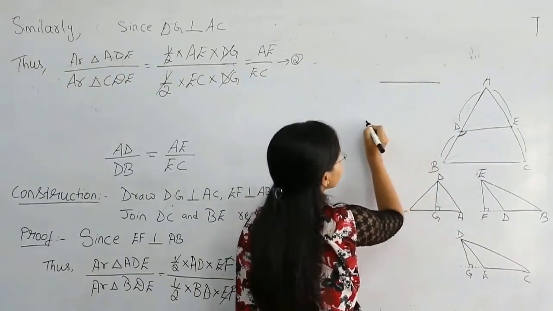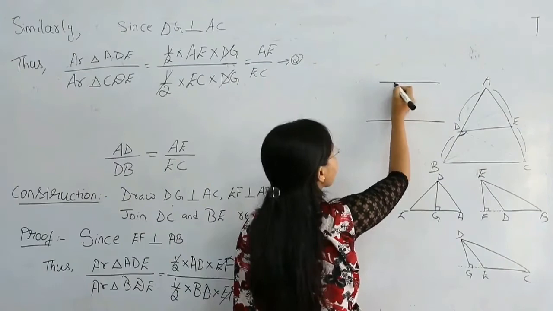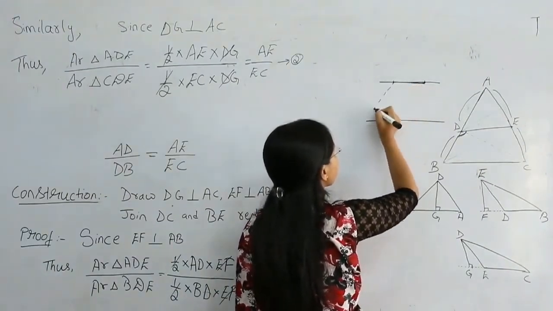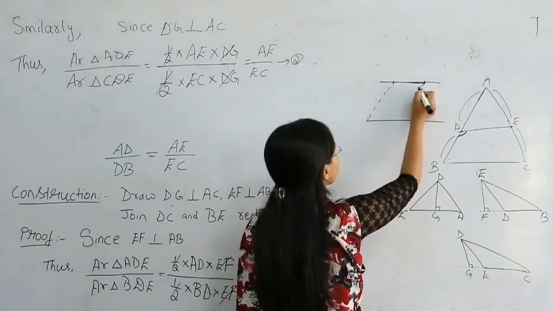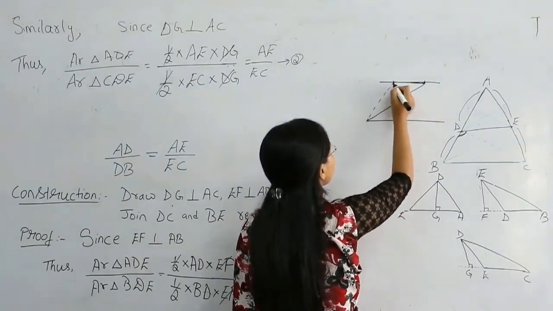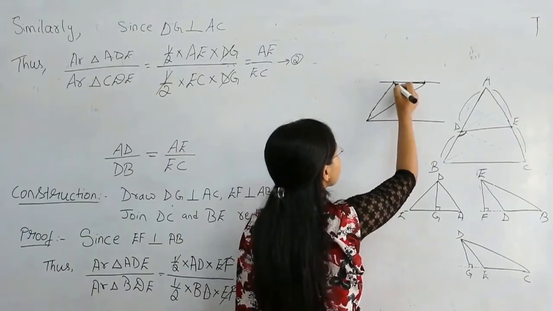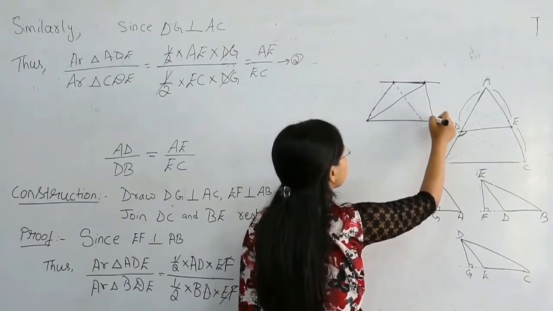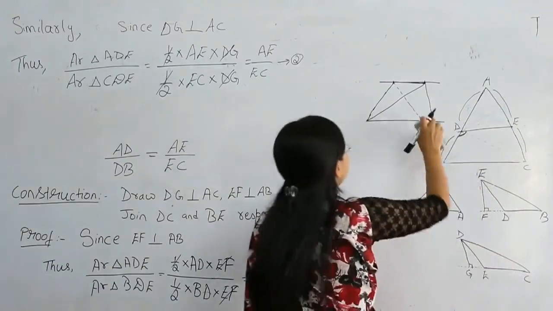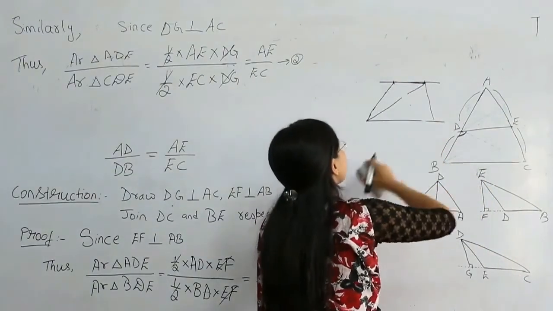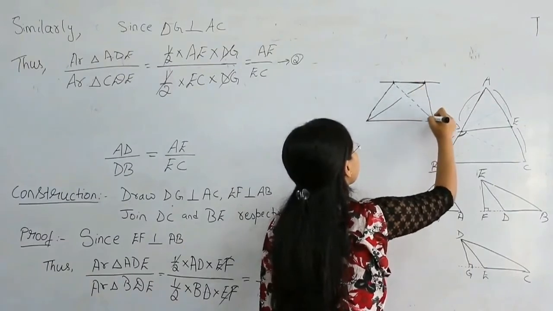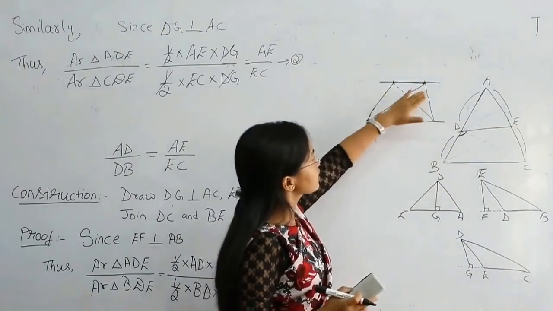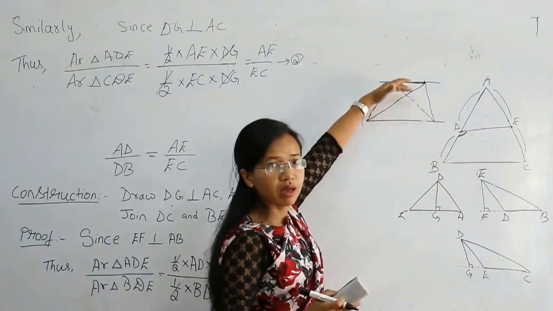It's like two lines are parallel, and from this line, suppose we take this as the base, you get one triangle. And again, using the same base, you get another triangle. So we can see these two triangles share the same base and are between the same parallels.